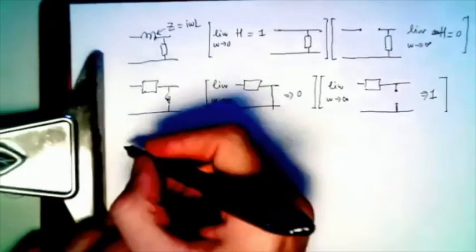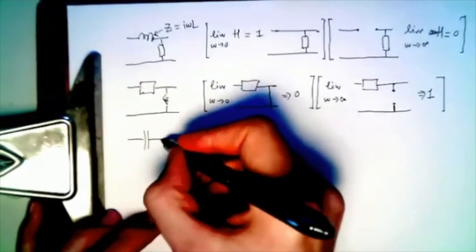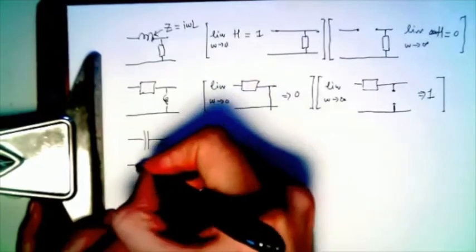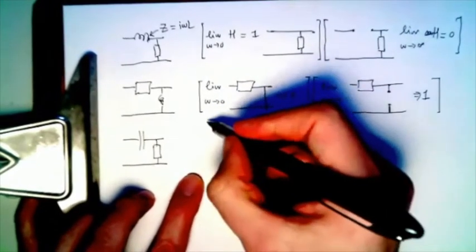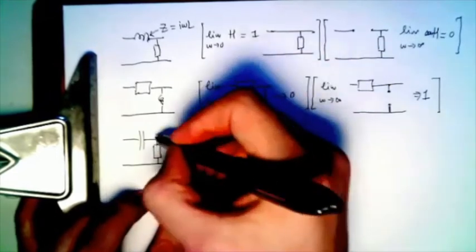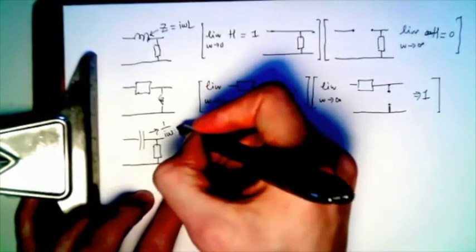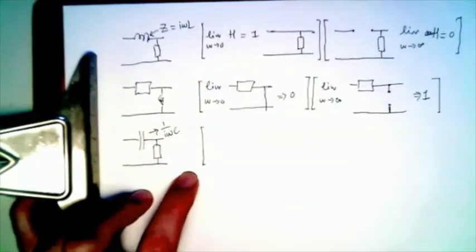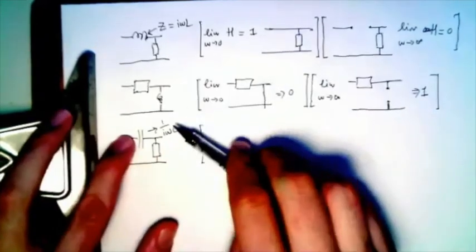Okay, what does that look like for capacitors? Well, we do the same thing. So capacitor, resistor. So the low frequency representation of a capacitor is just an open circuit, because that is physically what it is.